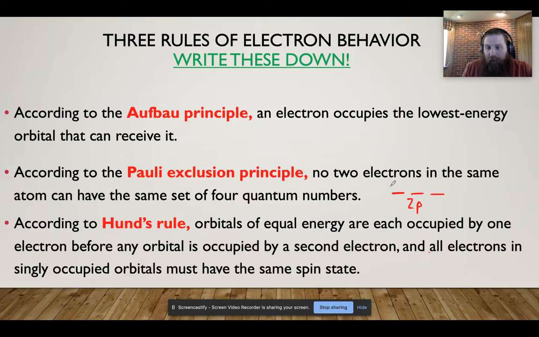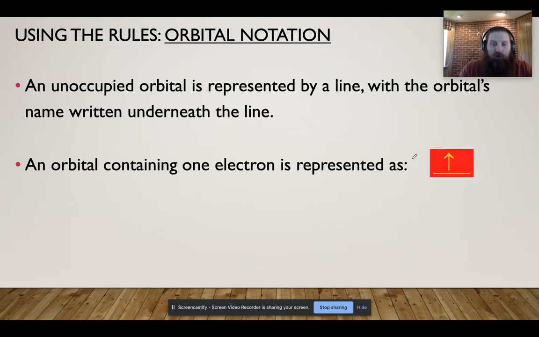So I can't do this. This is not allowed. Okay? I can't do it. That's not how we do things. Hund's rule tells us that it has to be up, up, up. And once there are 3 in there, now I can double it, and they have to spin opposite. Okay? Let's look at a couple more of these.